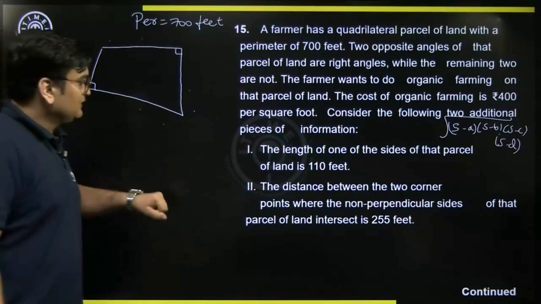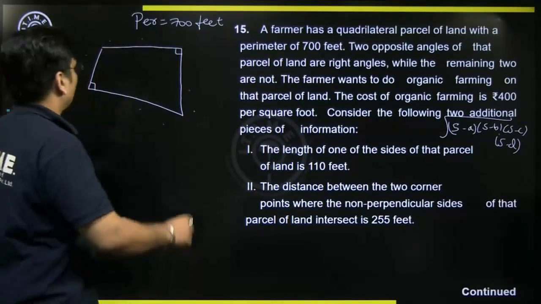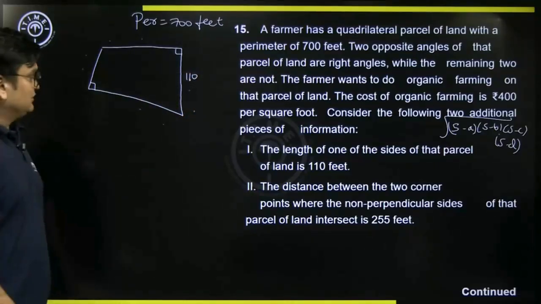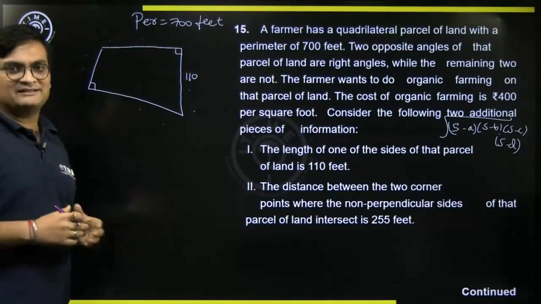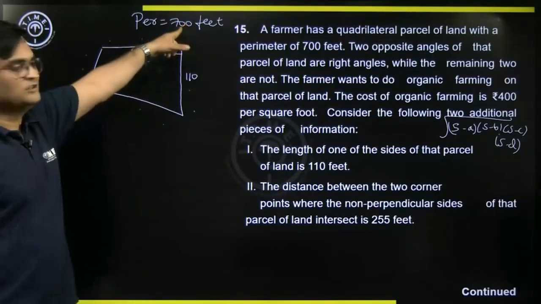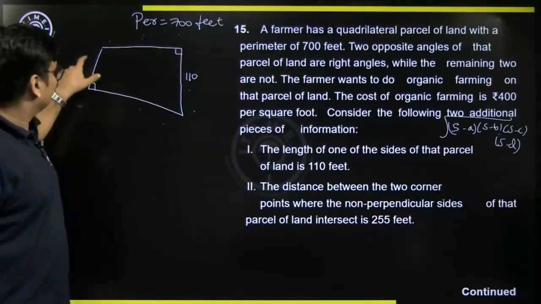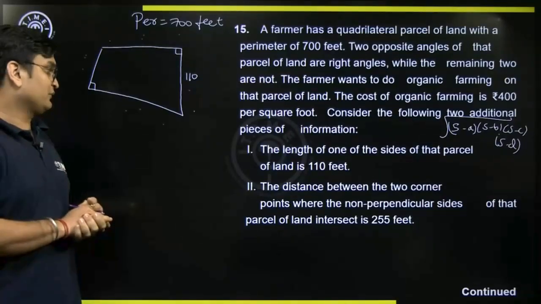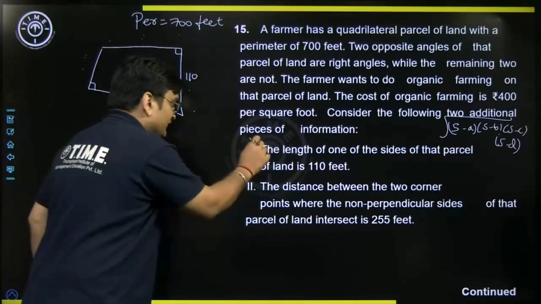From statement 1, the length of one of the sides is given to us. So suppose this is 110 feet, but we have no clue about the other three, and there is no way we can find them out. We can only know the perimeter, so we can find out the sum of these three sides. There is no way we can find out their values. So statement 1 alone is definitely not sufficient.